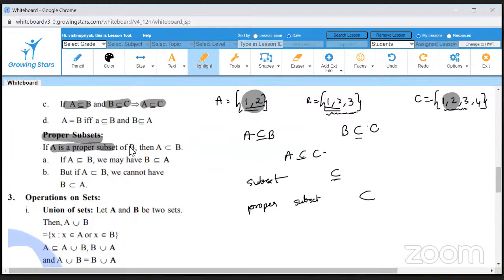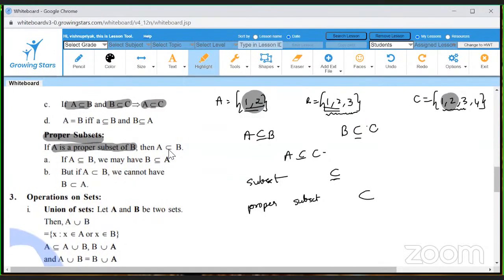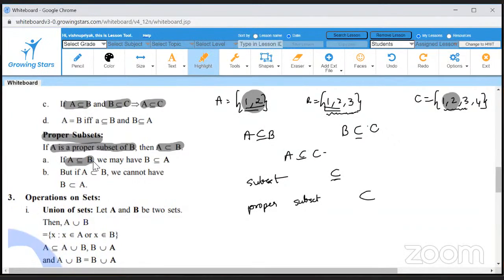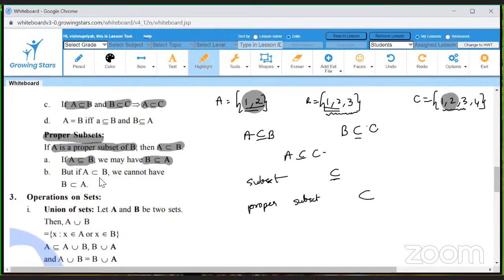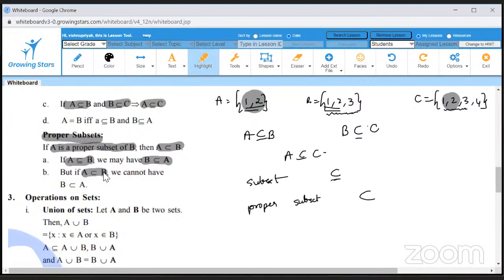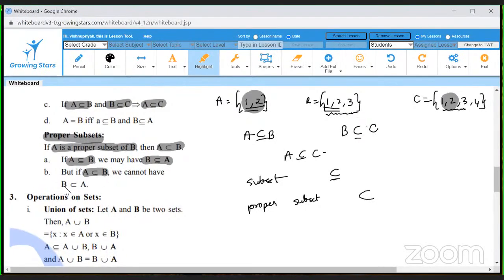A is a proper subset of B, write like this. If A is a subset of B, we can have B as a subset of A. But if A is a proper subset of B, we cannot have B as a proper subset of A. What does that mean? Very easy, I will tell you.